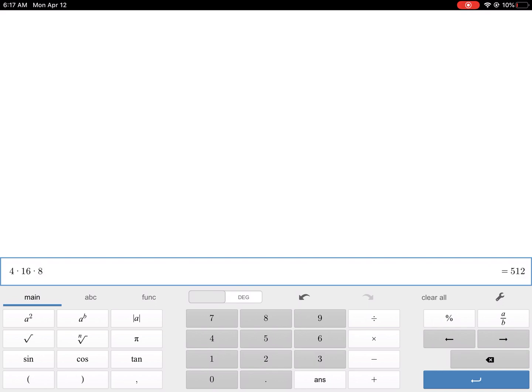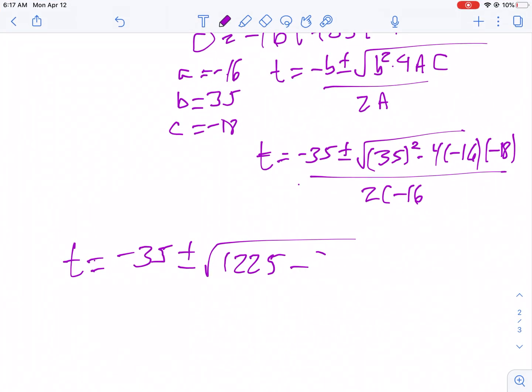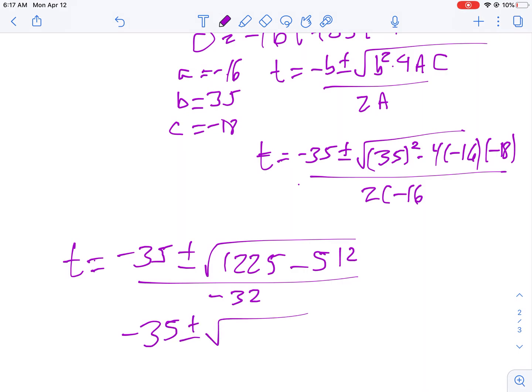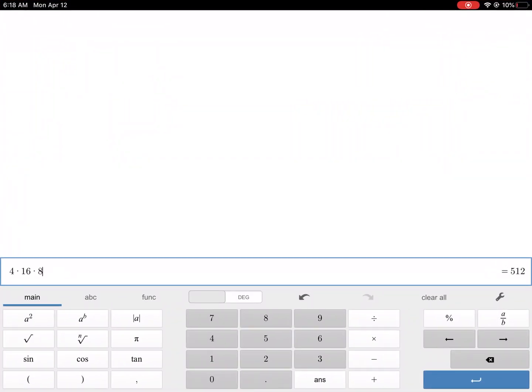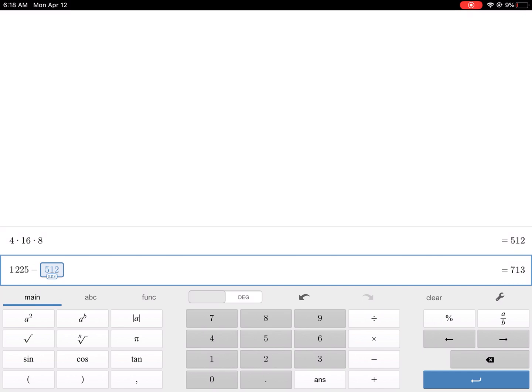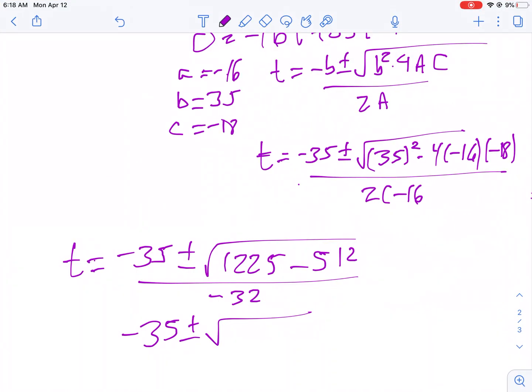We get 512, all over negative 32. Simplify a little bit more, negative 35 plus or minus, we're going to take 1225 minus 512. We get 713. And we'll divide by negative 32.